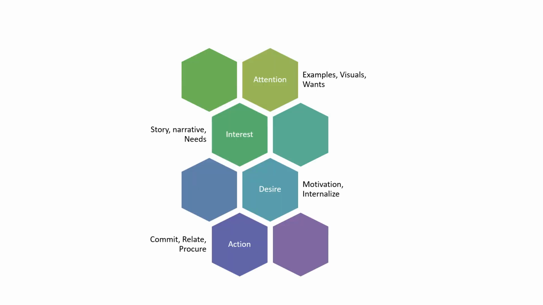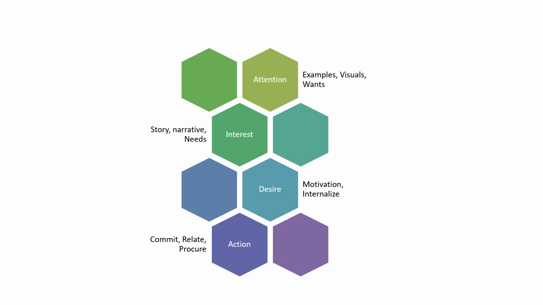So summarize. How do we summarize what we learned today? Attention, interest, desire, and action. This is a framework called AIDA, which can help in educational psychology also. So we need to get the students' attention in terms of good examples, visuals, and what he wants.